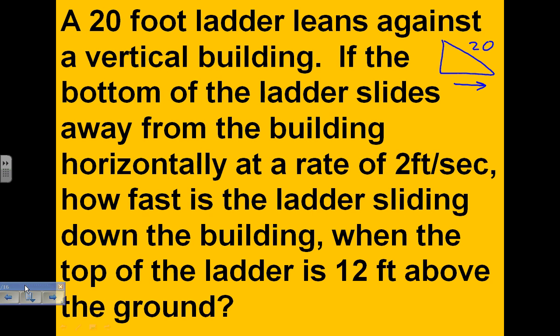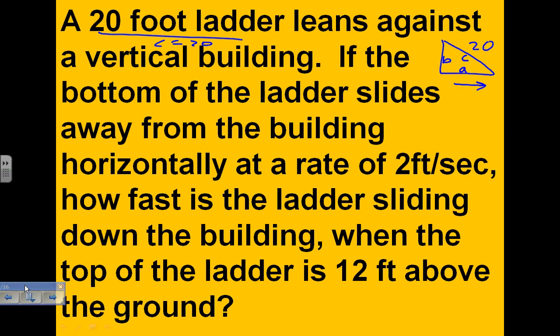I'm going to let this be the letters A, C, and B. Okay? You can use X, Y, and R if you like. You can use A, B, and C. You can use H, J, and K. But I'm just trying to equate this.